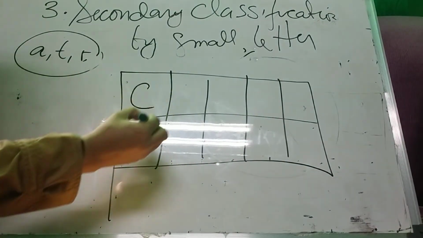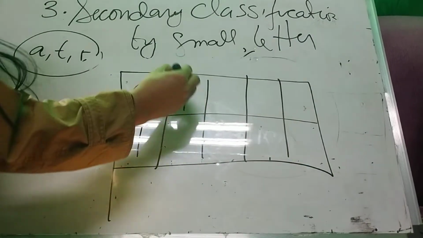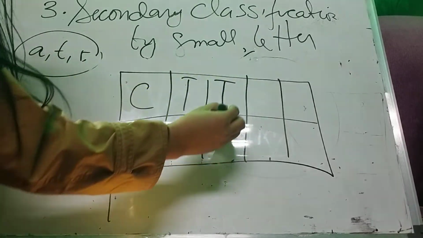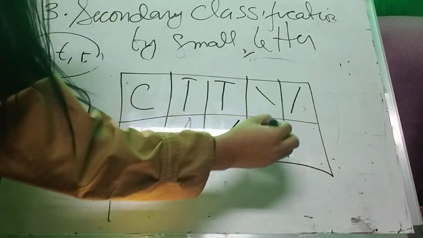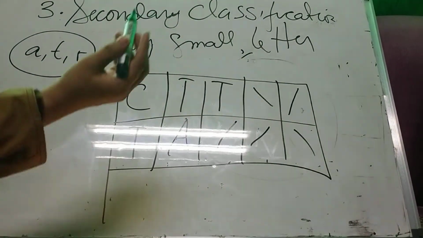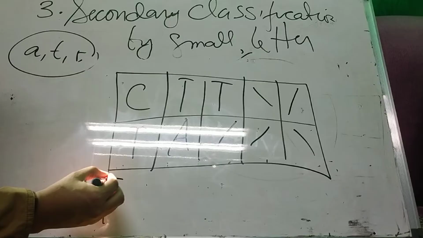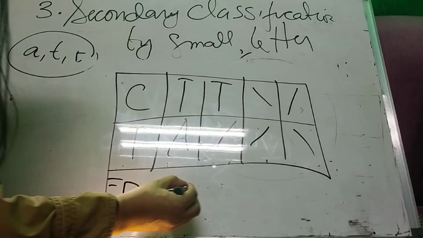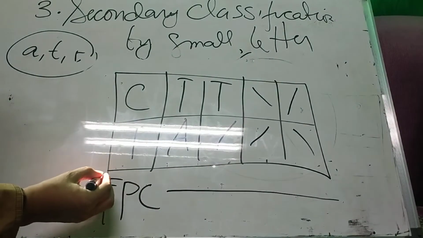Symbol. Symbol. The answer was already given in the blocking, so there's no need for you to block out. F, P, C. Fingerprint classification. Do not forget to put that.